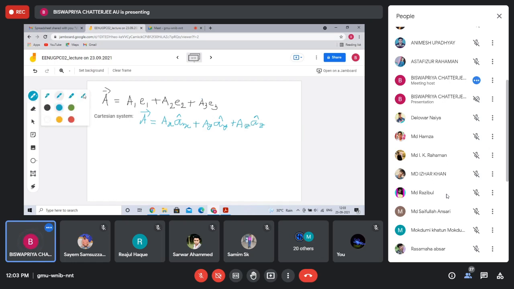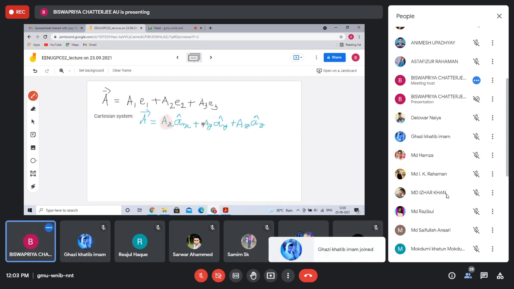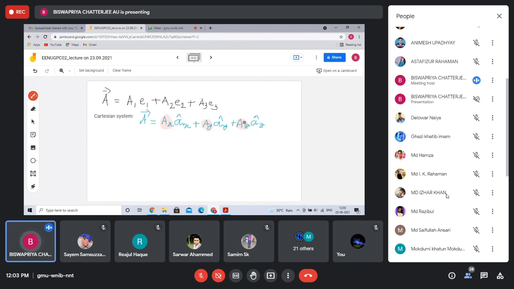Okay, so now if you see this Ax, Ay, and Az, these are the magnitudes of the respective directions. Any doubt? No, sir. Okay. So Ax, Ay, Az are the magnitudes of the three directions respectively.